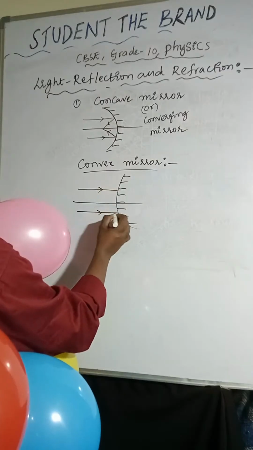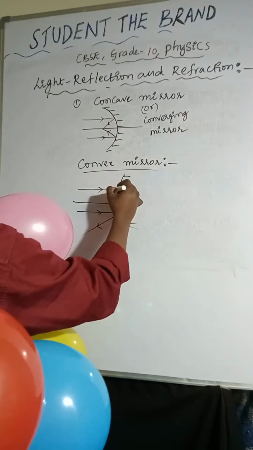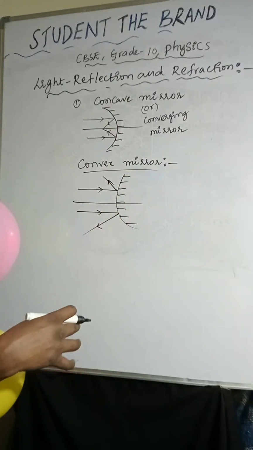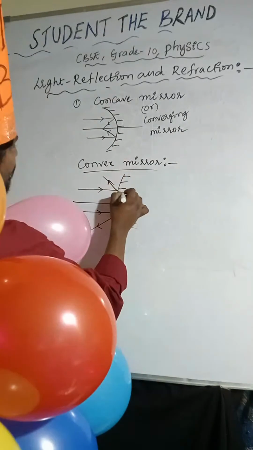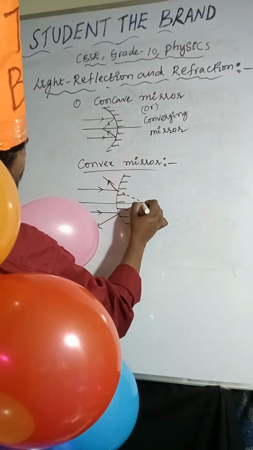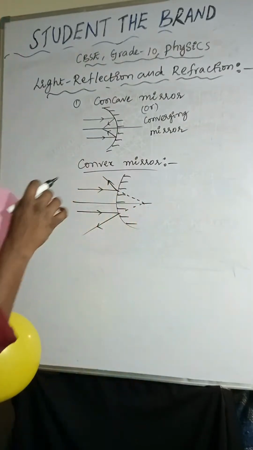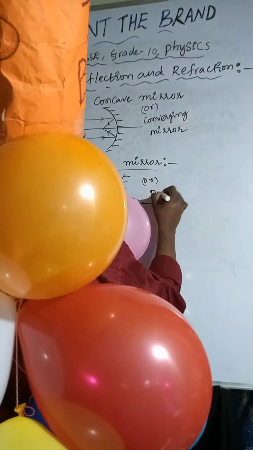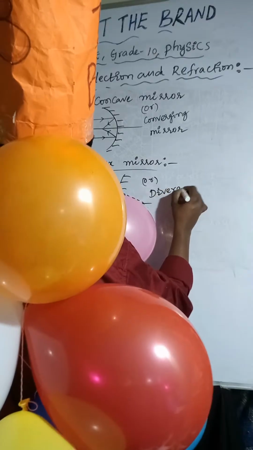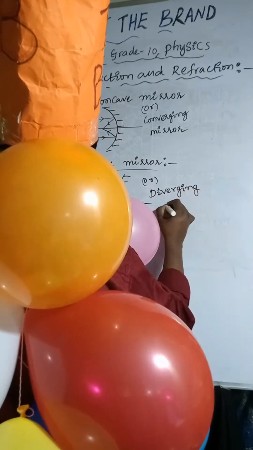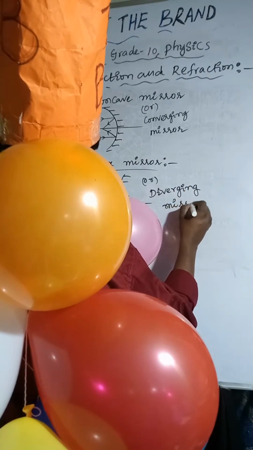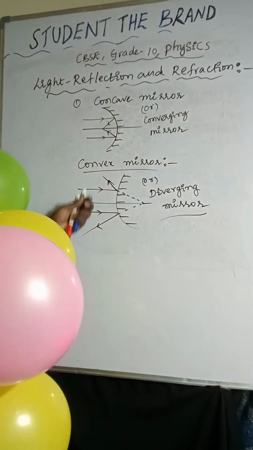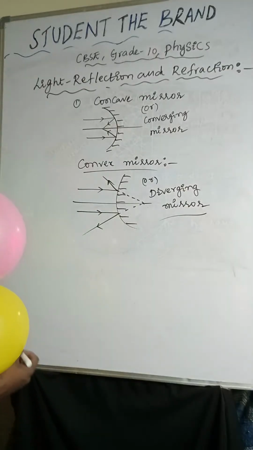After reflection, those light rays are moving away from it. If you extend these light rays backward, they will meet at one point. So convex mirror is also known as diverging mirror.